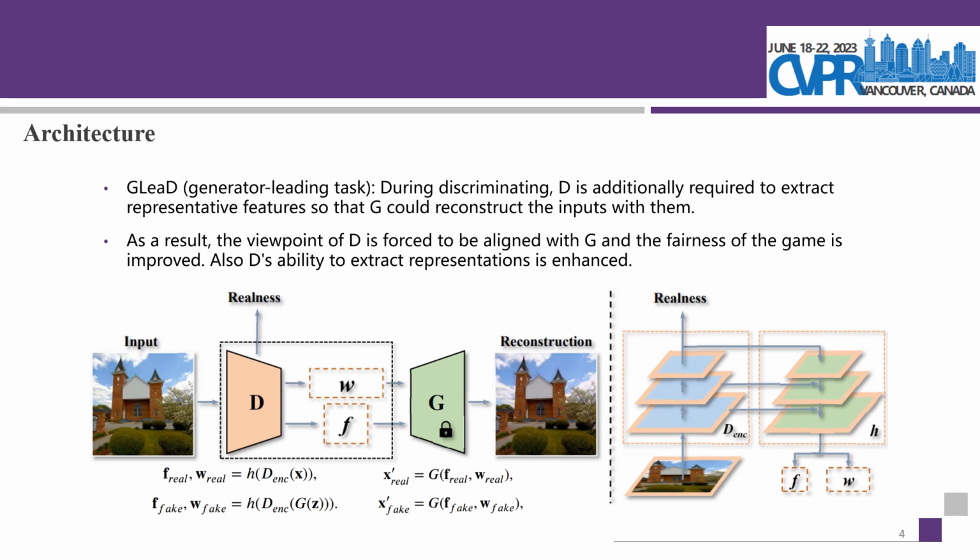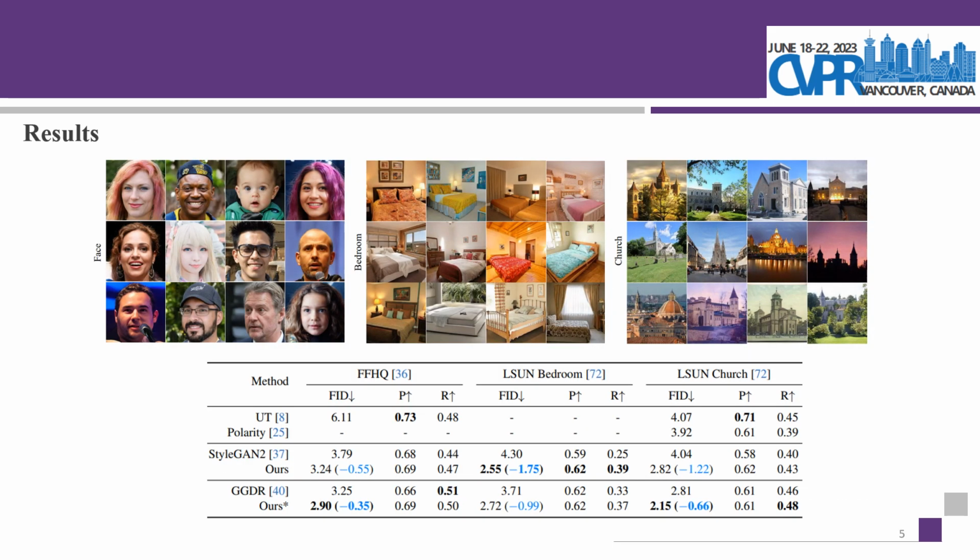As a result, the viewpoint of D is forced to be aligned with G, and the fairness of the game is improved. Also, D's ability to extract representations is enhanced. Here are some quantitative and qualitative results.